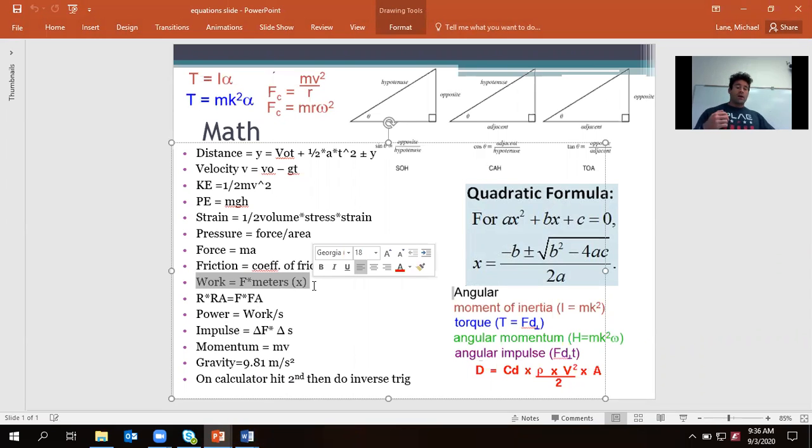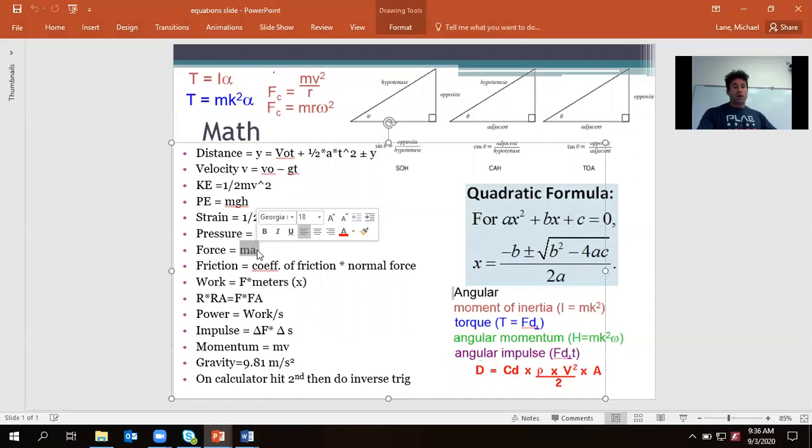So if you're starting with just the mass, you don't even have a force yet. You need to take, obviously, the mass multiplied by the acceleration. That is going to give you the force. Now you're going to multiply the force by the distance you're going to be moving that object.